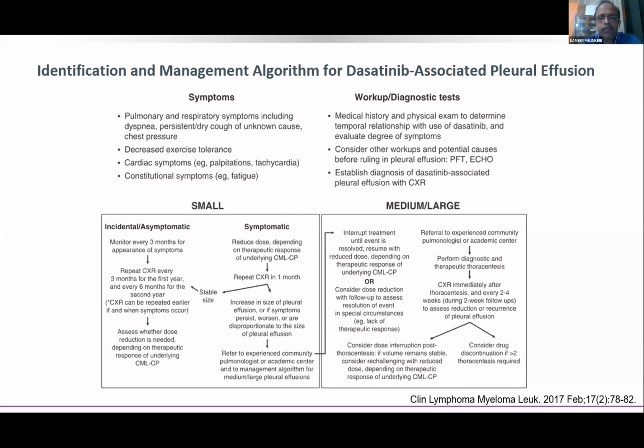And if it is a large pleural effusion, in conjunction with a pulmonologist, you would want to perform a diagnostic and therapeutic thoracocentesis. And if it recurs rapidly every 2 to 4 weeks, then you may want to consider drug discontinuation if more than 2 thoracocenteses are required. If that's not the case, then you may want to interrupt the dose for a while and then re-challenge with a reduced dose.